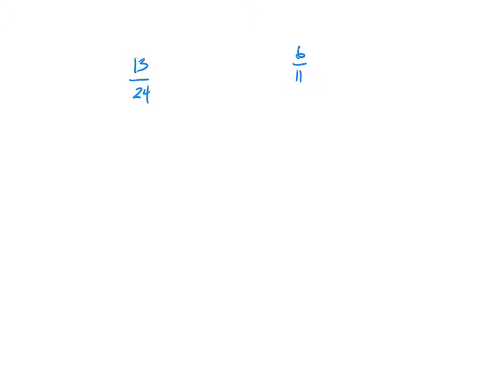I can confirm my last answer by changing both of my fractions to decimals. To change fractions to decimals, I'm going to do a division problem, 13 divided by 24. The decimal goes after the 13 because the decimal is always to the right of the ones place, and I can add as many zeros as I want after that decimal. So now I'm just going to divide, bring my decimal up. 24 does not go into 1 or 3 or 13, but it does go into 130 5 times. 5 times 24 is 120.